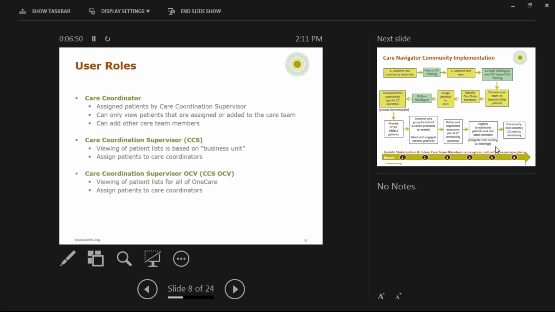And the reason why we have this role is because, as we know, attribution and where people are attributed in their health service area is not always clean. People move around. So somebody needs to be able to look into the system and see if they're anywhere in One Care Vermont. And as we've initially seen, there are people who are actually in St. Albans but are attributed to Middlebury because they maybe were there before. So that's what that role is.